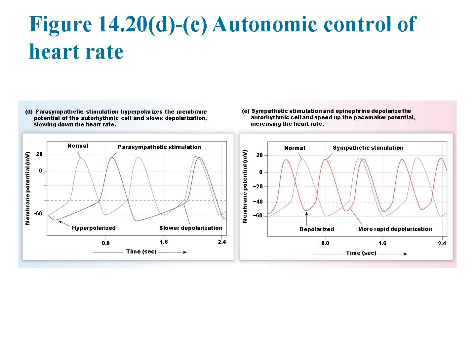The autonomic nervous system regulates heart rate by influencing the pacemaker potential of autorhythmic cells in the sinoatrial node. This regulation occurs through parasympathetic and sympathetic stimulation, each affecting the membrane potential differently. In the graph on the left, parasympathetic stimulation hyperpolarizes the membrane potential of the autorhythmic cells, making it more negative.